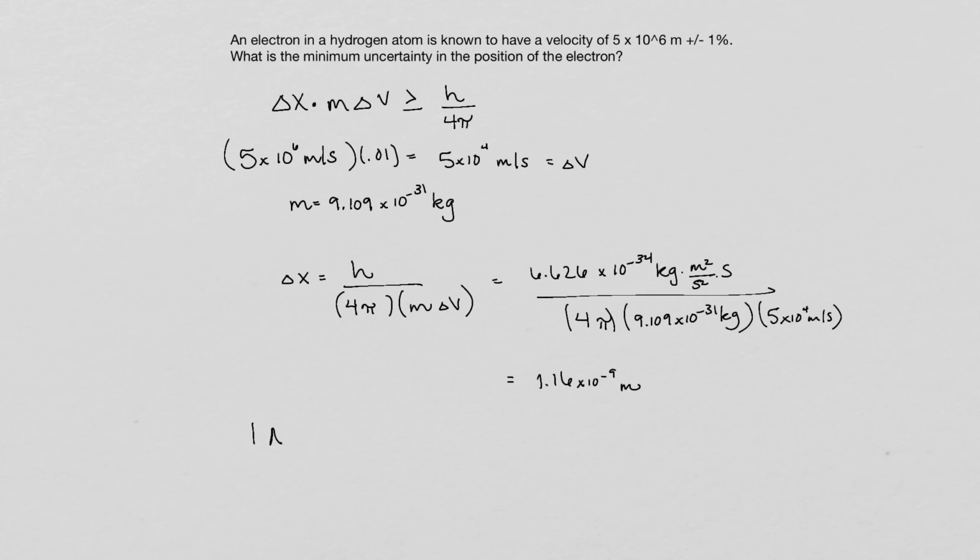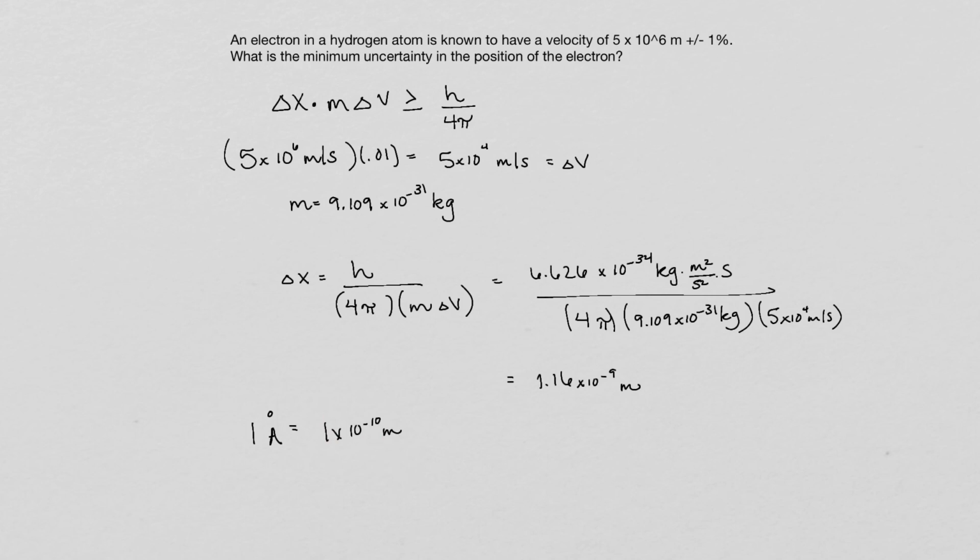So if you have 1 angstrom, that's 1 times 10 to the minus 10th meters. And so if you compare these two, what you see is that this is 10 times the size of the atom. So this is why the uncertainty for the position of an electron has an effect on what we know about that electron.